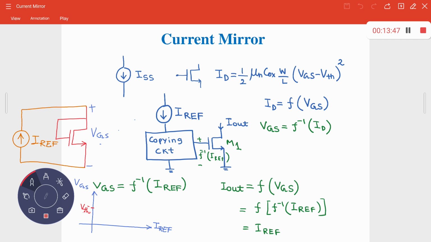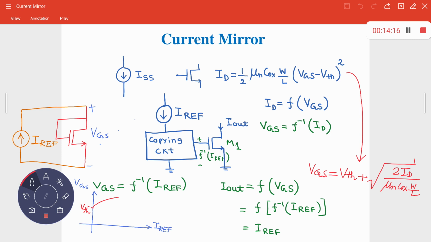So from this expression, this gate source voltage is equal to VTH plus square root of twice ID upon mu n C ox W over L. Here ID is equal to IREF, so it will vary like this.